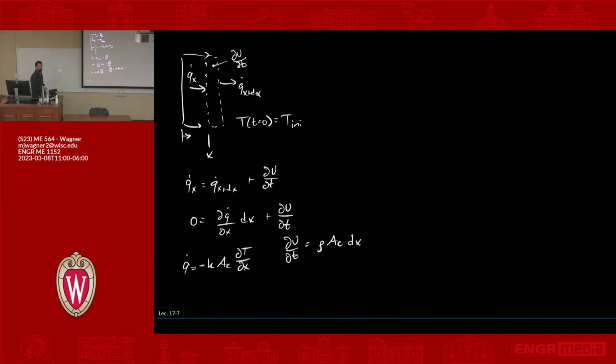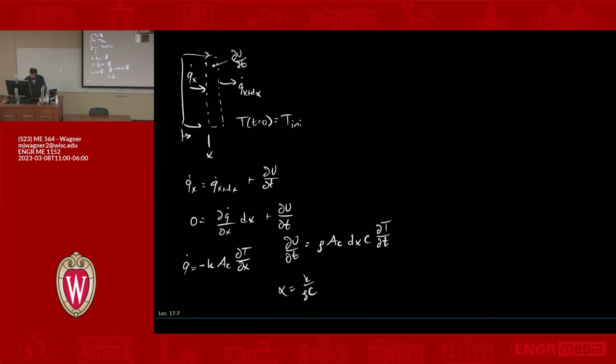A_c times dx is my volume. So rho A_c dx is mass times specific heat times partial of temperature with respect to time. So I can bring those things together and note also that alpha equals k over rho c.